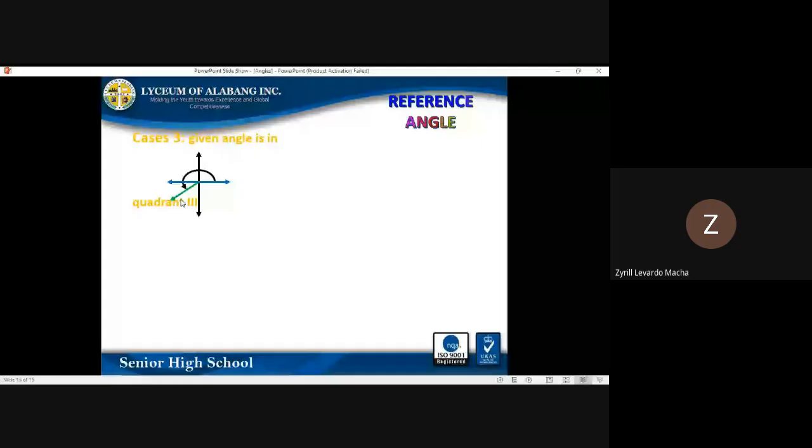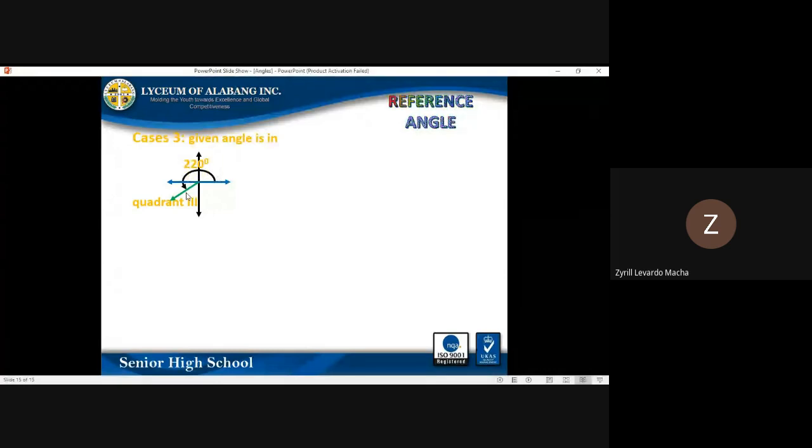Case number 3 naman tayo kung yung given angle ay nasa quadrant 3. Ayan, nandito siya sa quadrant 3. Tandaan nyo, quadrant 1, quadrant 2, quadrant 3, and quadrant 4. So tatlo yung naging rotation. We have here the given angle 220.